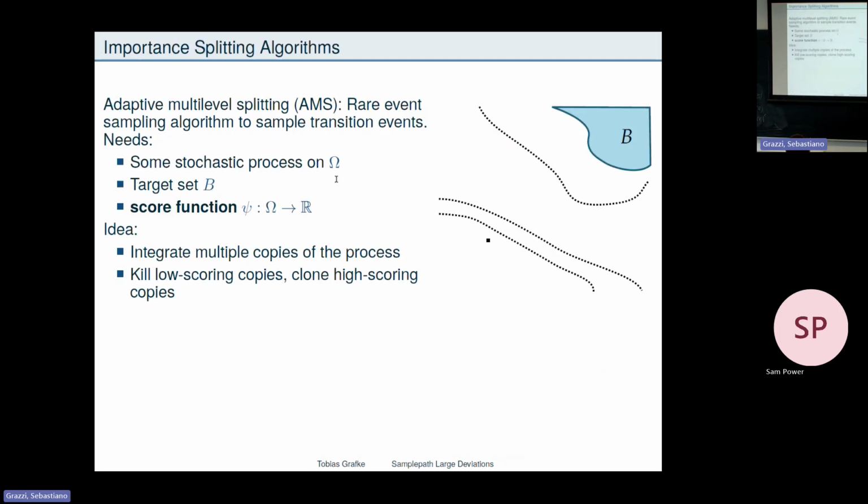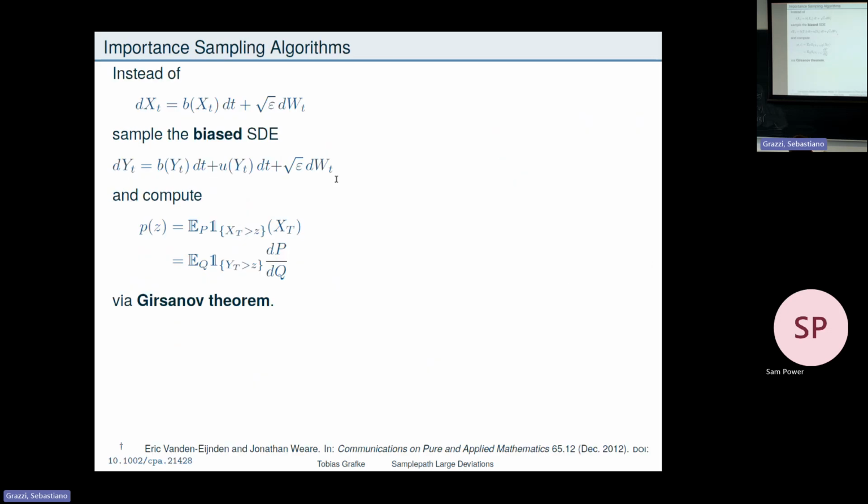Right. So the last one, maybe let's, I have importance splitting and importance sampling, but the question was importance sampling. So you could think of, instead of sampling my original process, I could sample a biased process. So instead of having only dB, I have dB plus a biased u dt.